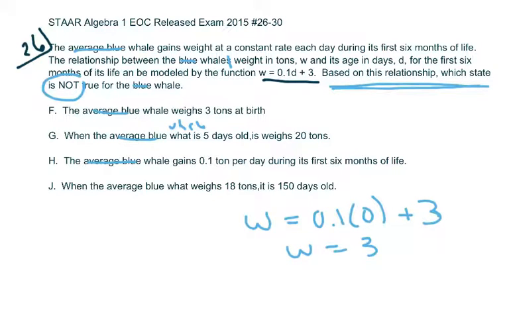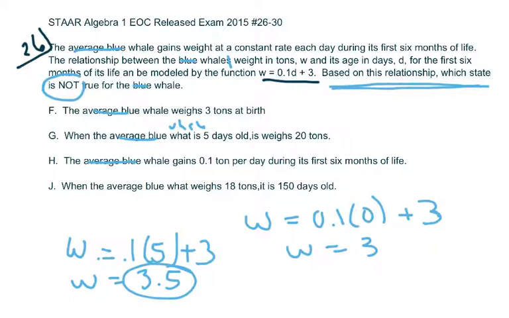All right. Now for G, I plugged in 5 days. So the weight equals 0.1 times 5 plus 3, and when you do that, you get 3.5. So that's not true. G is actually your answer.